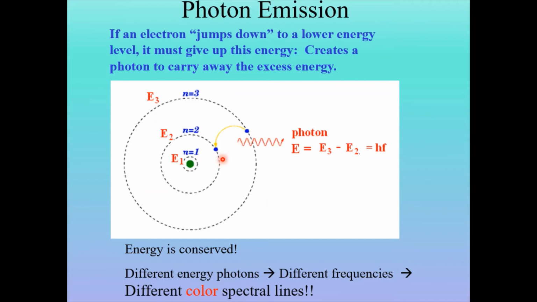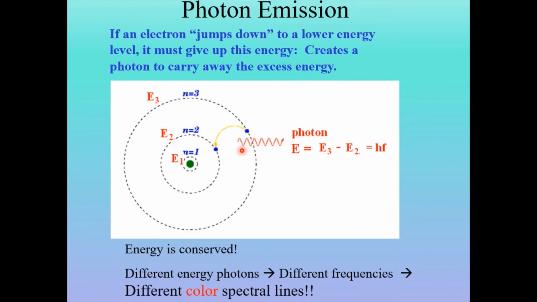Well, this is the real beauty and magic of Bohr's model. This is how photons are created. A photon of light is emitted by the atom to remove the excess energy. In this course, we're not going to explain the details of this process because it's a bit complicated how an electron jumping from here to here can produce a photon.